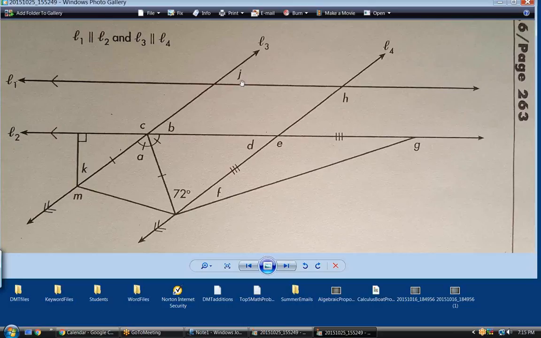Go ahead and label it as we talk about it. Okay. And then I'll try to keep pace. It may be hard for me, but I'll try. Because usually I need to see one of the angles before I can calculate the other one. Let me look at this for a moment. Yeah, let's see. We got L3 and L4 parallel, L1 and L2 parallel, just like before. And this is a right angle.